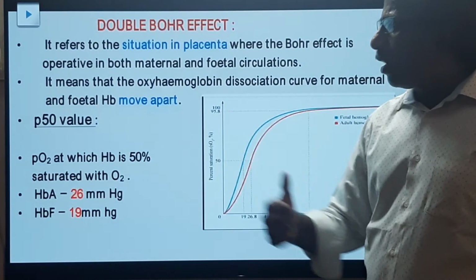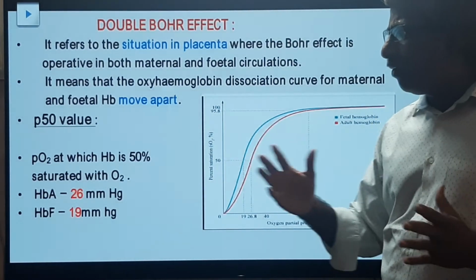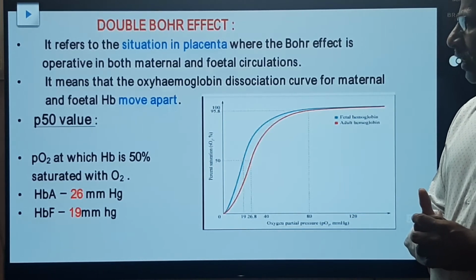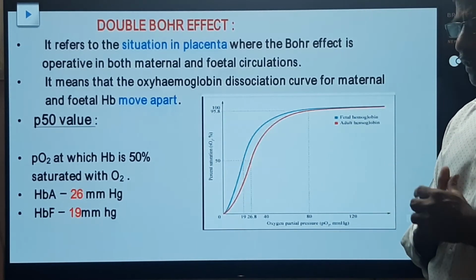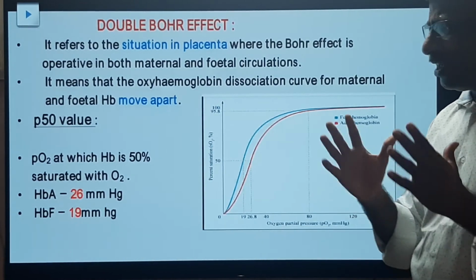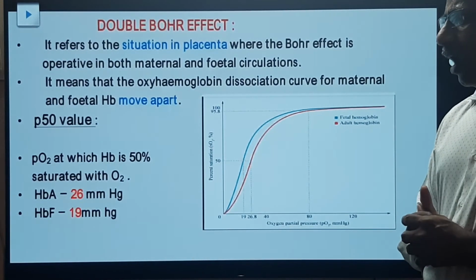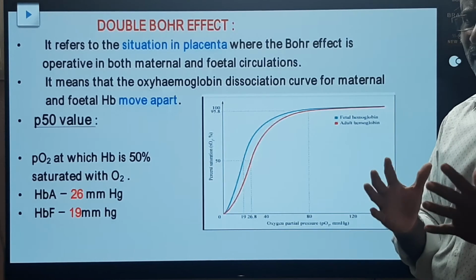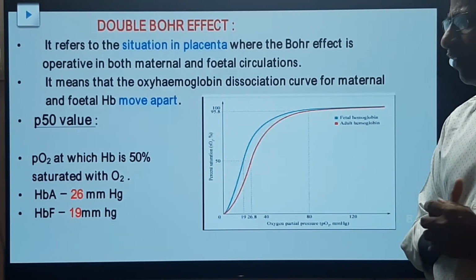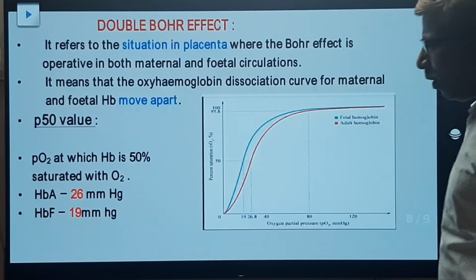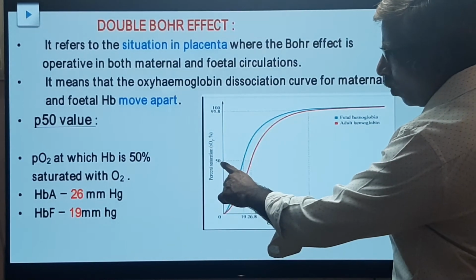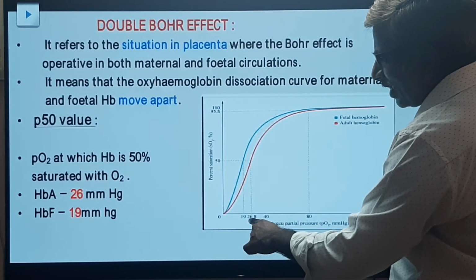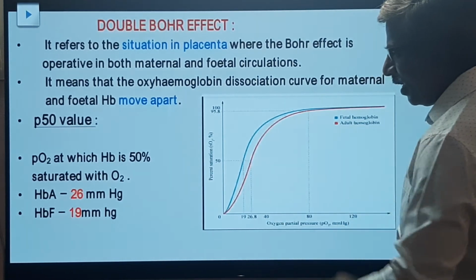Next we discuss the P50 value. P50 value means the hemoglobin saturation is 50%. Suppose you see there, the hemoglobin is 50% saturated in adults at 26.8 partial pressure of oxygen.